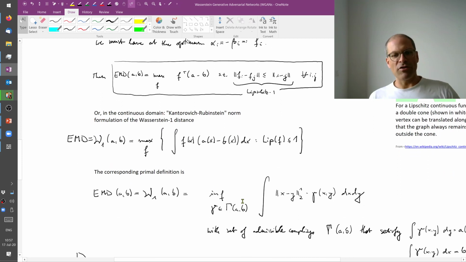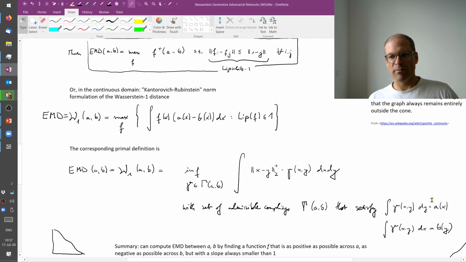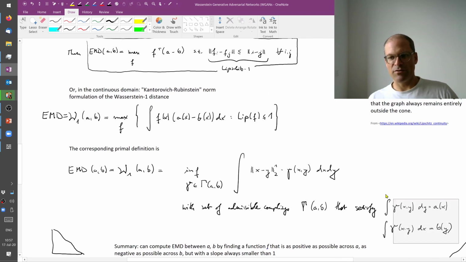This is the dual formulation, and then there is a primal formulation also, which says we're looking for the cheapest transport plan. Here it's not called transport plan, but coupling, gamma, and we are looking here for a coupling. A coupling is one which has the correct marginals, as you see here.